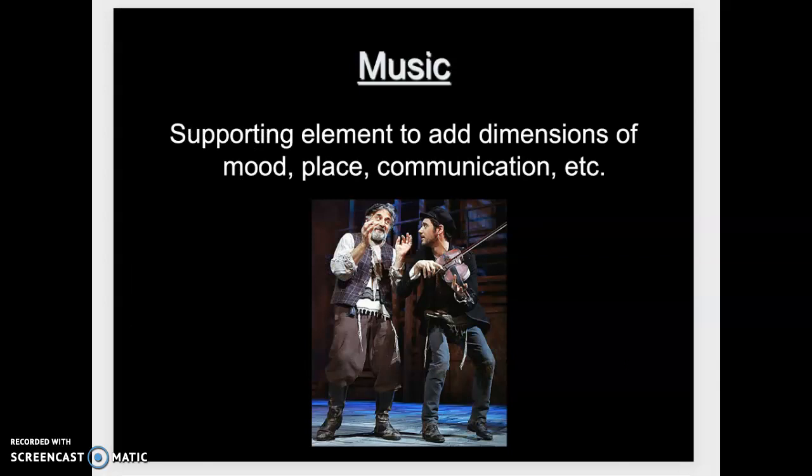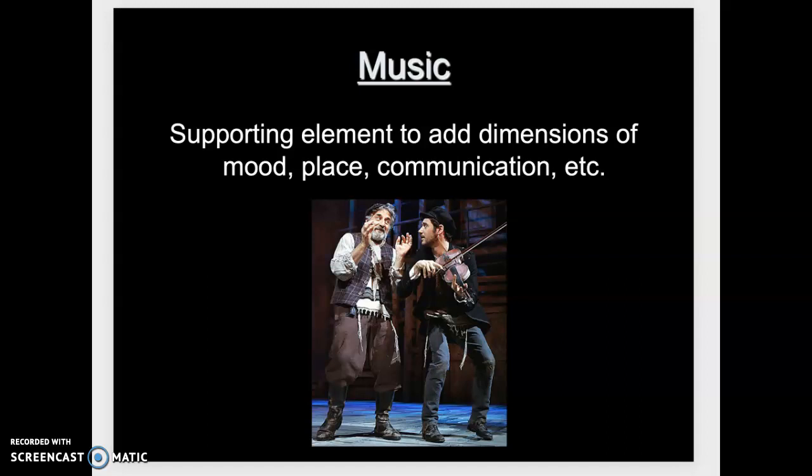And then finally, we have music. Music's the supporting element. It's a minor element. We don't find it in every single play. We find it obviously in musical theater, but not every play is a musical. There are times where playwrights write songs into the play and designers can incorporate music, right?